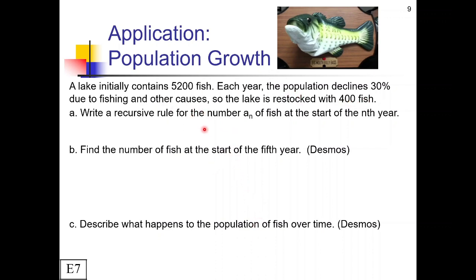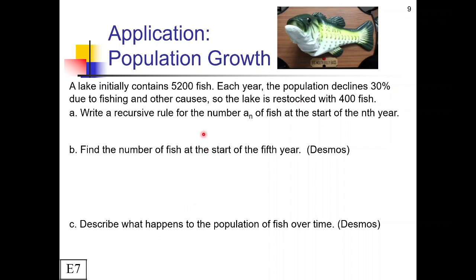They want us to write a recursive rule for the number of fish, a sub n, at the start of the nth year. They also want us to find the number of fish at the start of the 5th year and describe what happens to the population of fish over time. So I'm going to have you pause the video and see if you can come up with a recursive rule for this part A, and then we'll do parts B and C together. So pause the video, give it a shot.